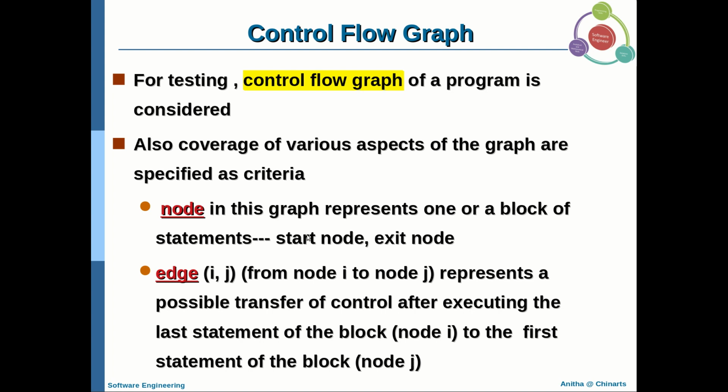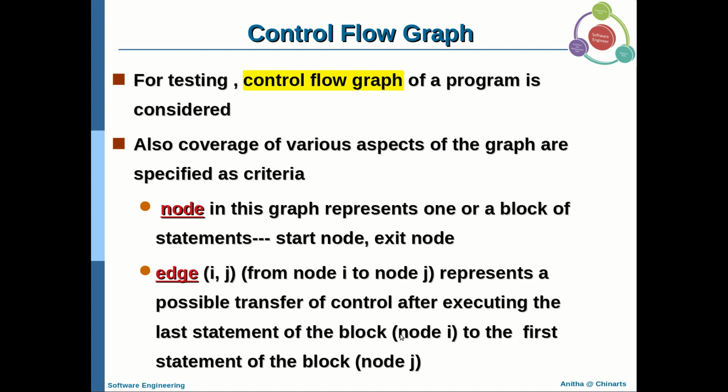Each node will represent one statement or a block of statements. Then you will have edges also. Suppose you have an edge from node I to node J, it represents a possible transfer of control after executing the last statement of the block, which is node I, to the first statement of the block, node J.